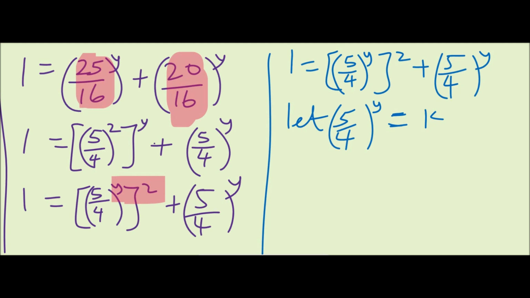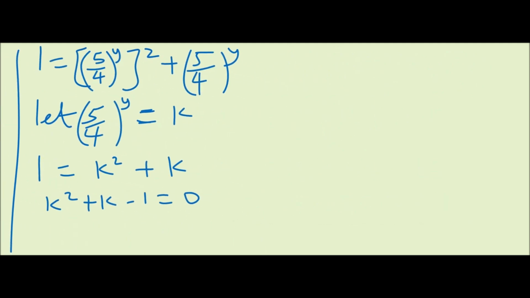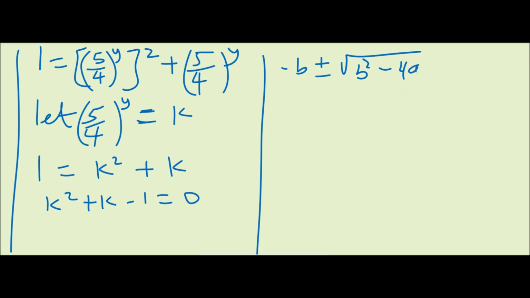So I have 1 equals k squared plus k, so k squared plus k minus 1 equals 0. I've arrived at a quadratic equation, where I'm going to use the quadratic formula, minus b plus or minus the square root of b squared minus 4ac, divided by 2a. This is the formula I'm using.